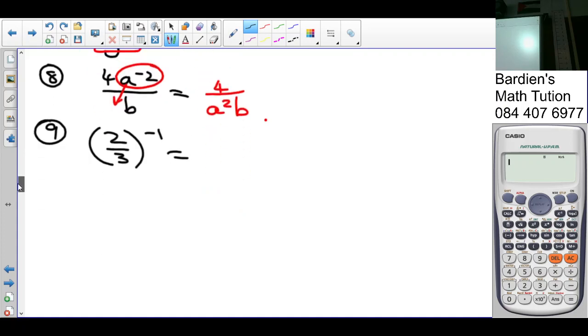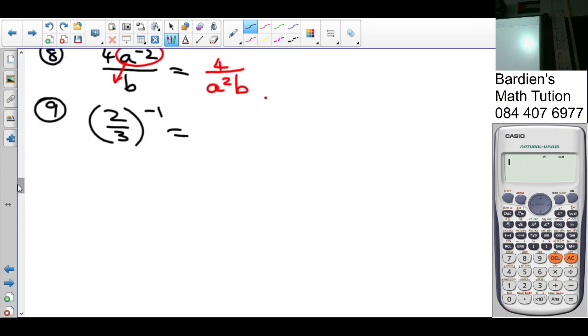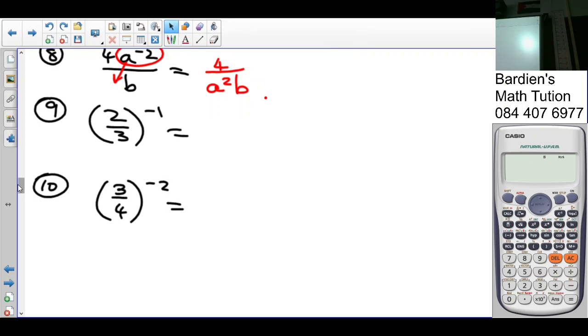This is an interesting one. And another interesting one. Two interesting ones. It's a sum. There's 2 ways of doing this, okay?